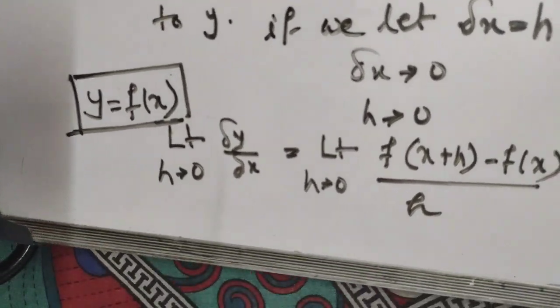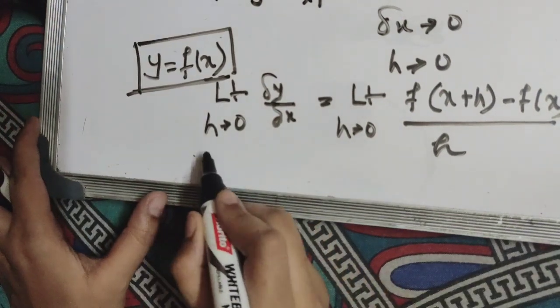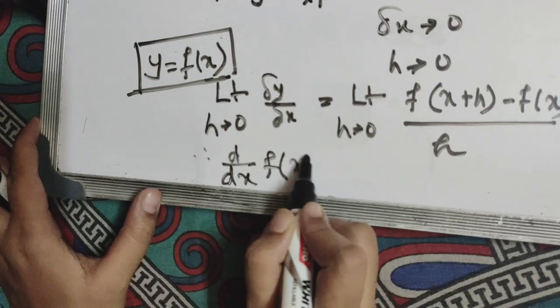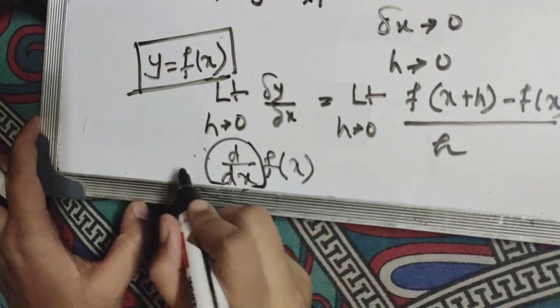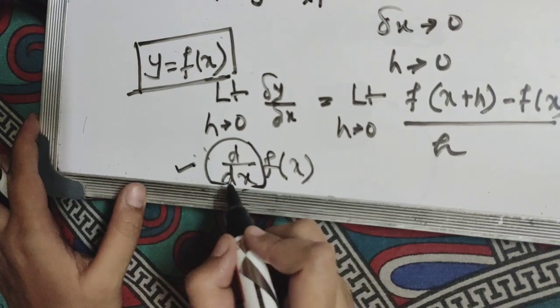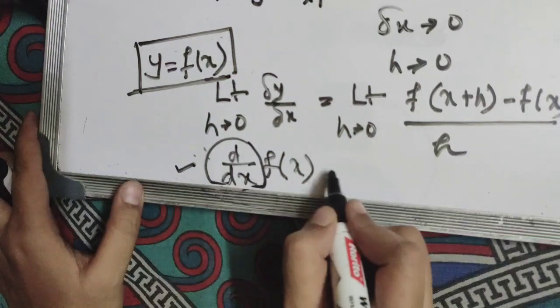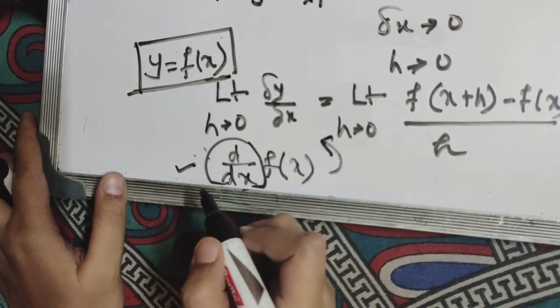So we can write it in another form, d/dx of f of x. This is called the derivative.